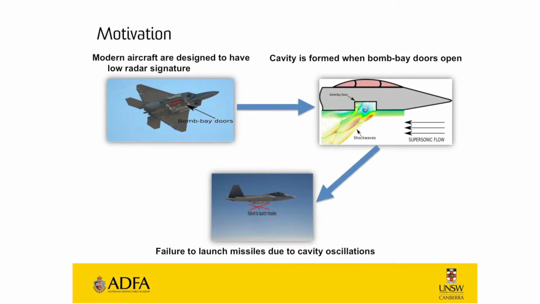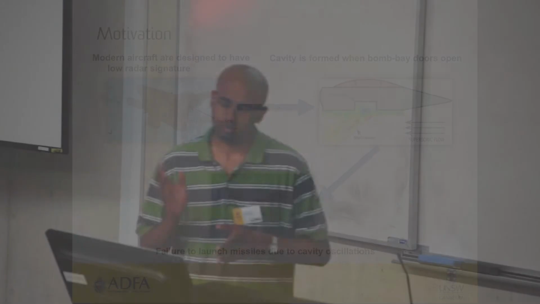Cavities are basically rectangular cutouts found on the aircraft structure in the form of Bombay doors. Consider this F-22 Raptor, which can go at supersonic speeds. Now, in order to launch a missile, the aircraft has to slow down to subsonic speed, which is less than the speed of sound, and then launch the missile.